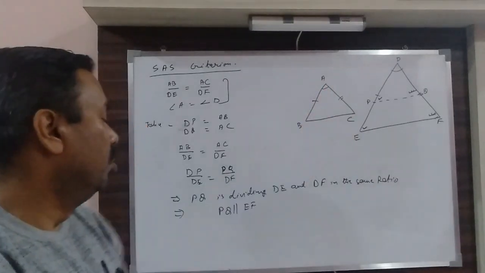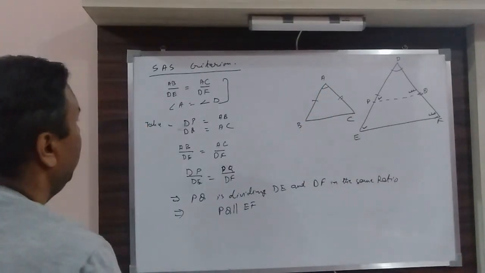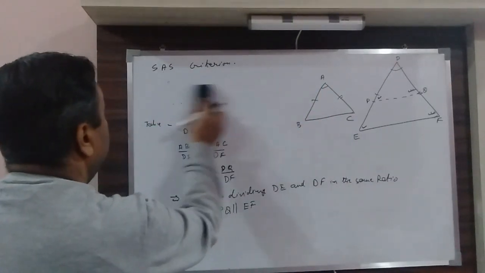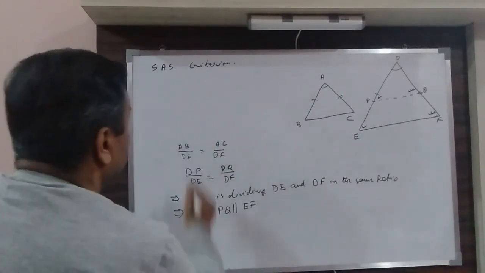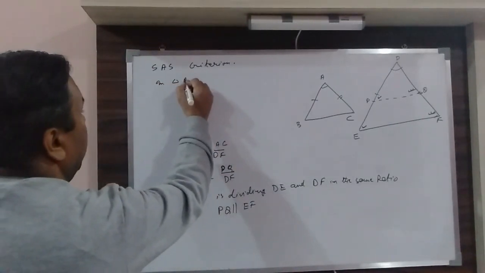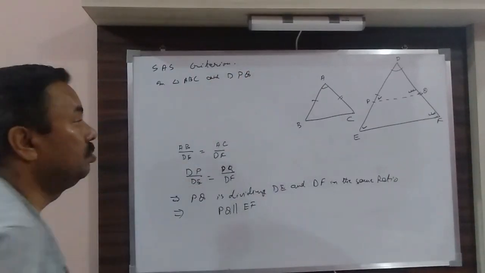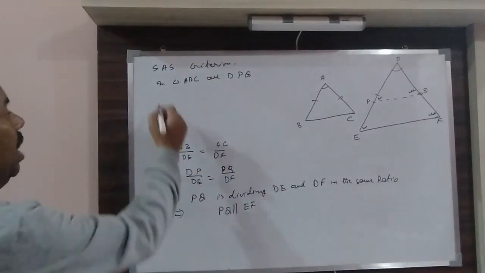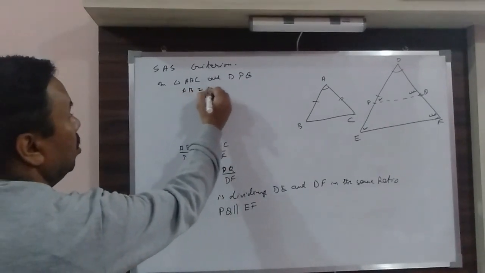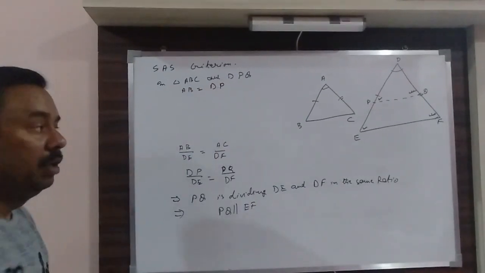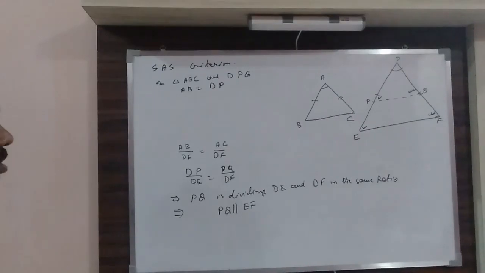If these two are equal, now I take ABC and DPQ. See, in triangle ABC and DPQ, what is there? I have got AB is equal to DP by my construction.